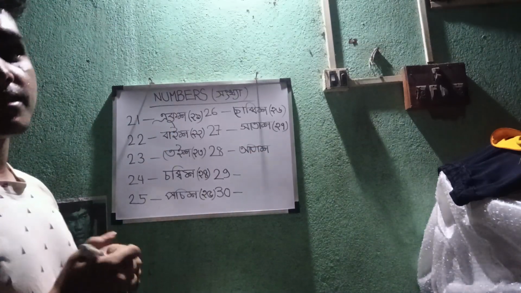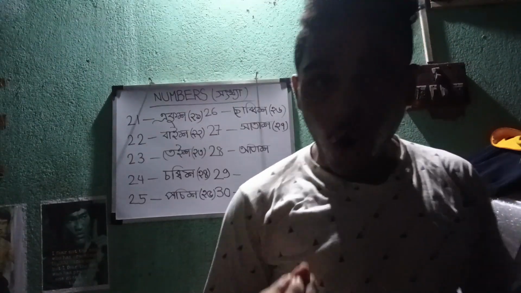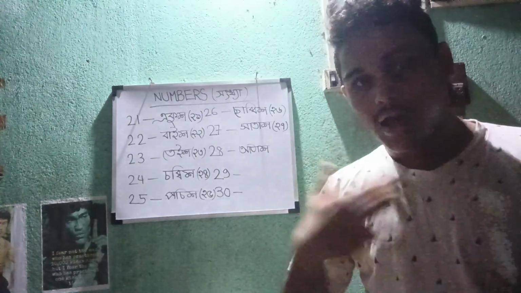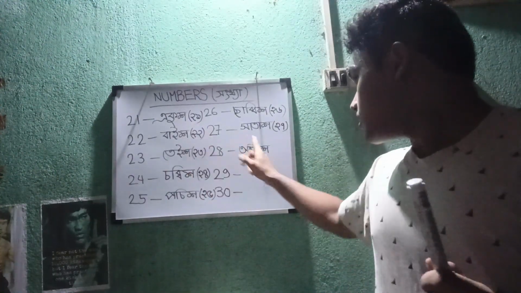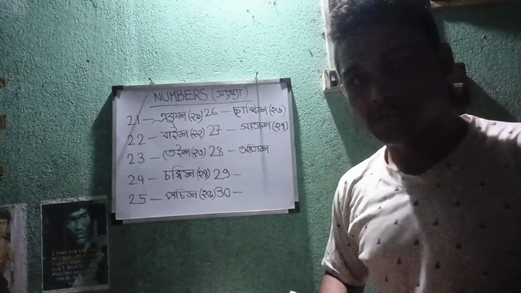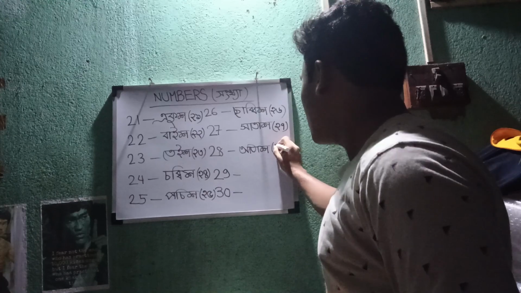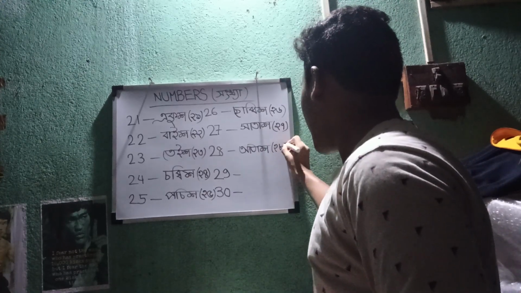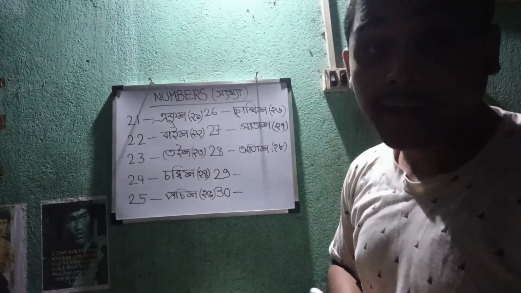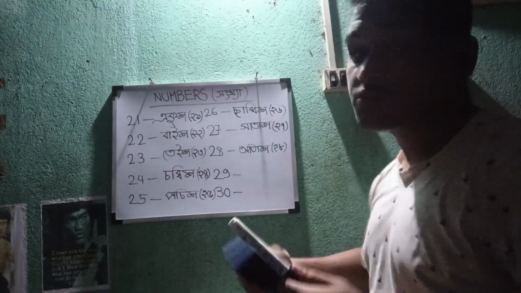First one is a, then tho, then tha, then talbosho, atash. So how can we write atash? First is 2 and then 8. Atash means 28.